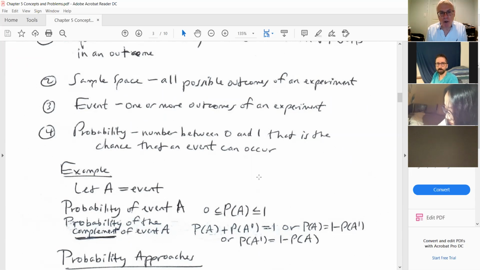So we try to avoid those two letters, S and U, when we talk about an event. So we can write down a probability of event A being greater than or equal to 0 and less than or equal to 1. So we would say P, and in parentheses, we'd have the symbol for the event.